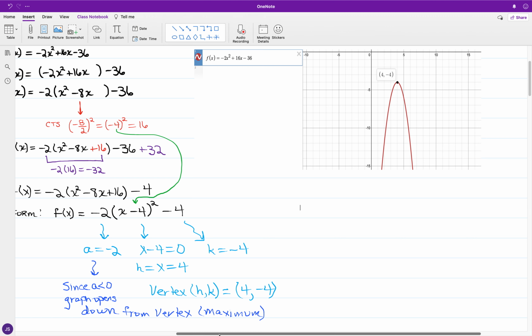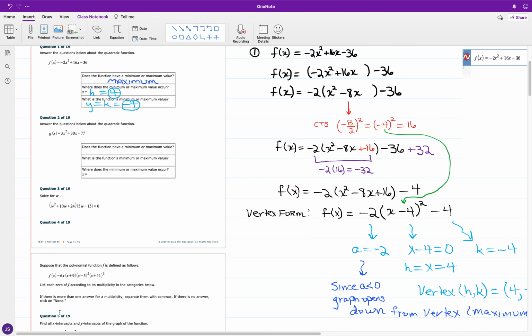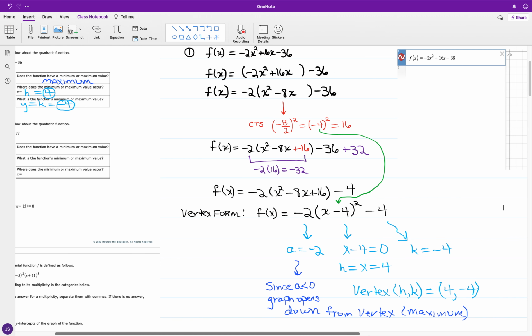All right. And in the case of the second item, now we have a function g of x is equal to 3x squared plus 30x plus 77. And we have the same line of questions.